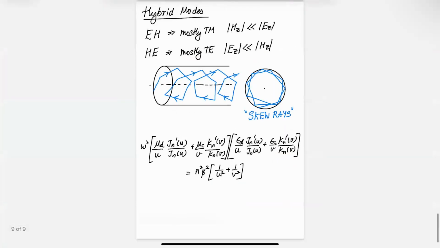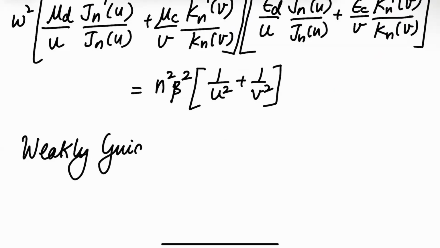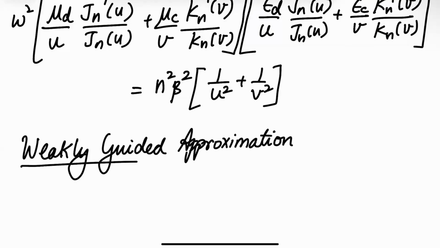So the way we solve it analytically is we make this big approximation called the weakly guided approximation. Or I should say weakly guiding approximation.